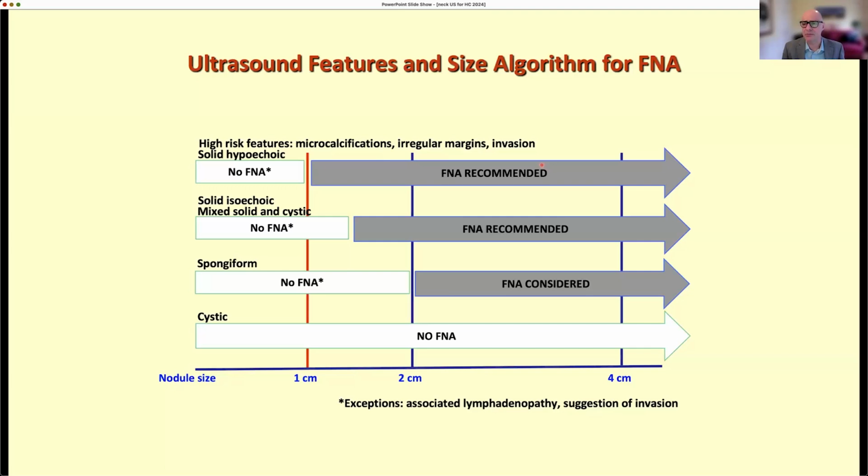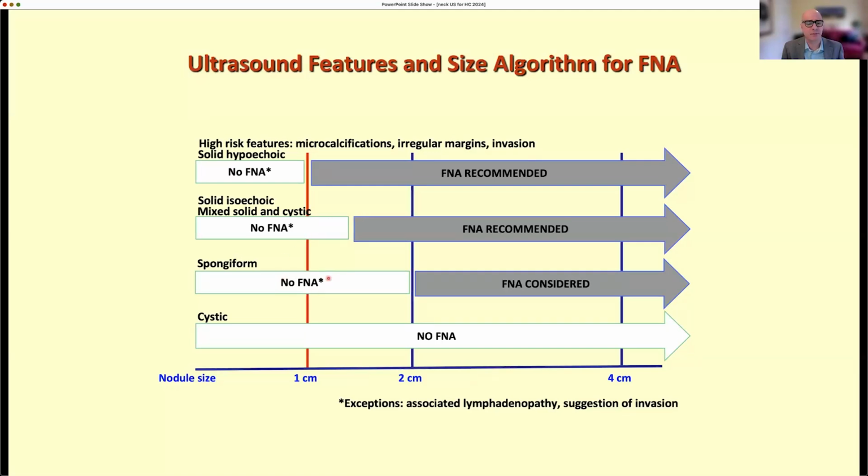These guidelines are going to be revised this year. So unfortunately, this is going to be old soon, but they haven't come out yet. So they're still standing. Any nodule that is smaller than 1 centimeter is not biopsied, no matter what it looks like. If very suspicious, biopsy above 1 centimeter. If they're solid isoechoic or mixed solid and cystic, FNA is recommended if they're greater than 1.5 centimeters.